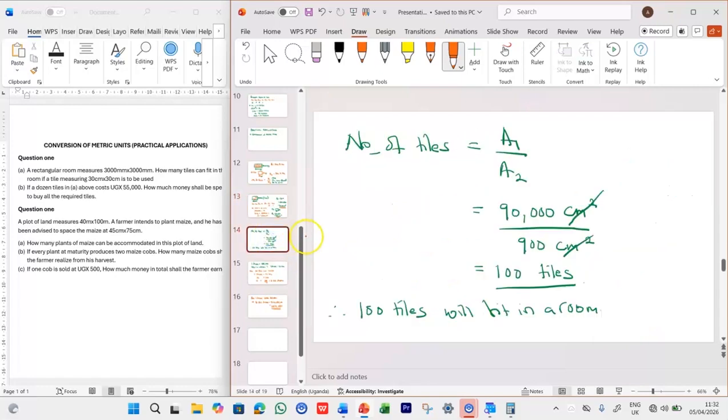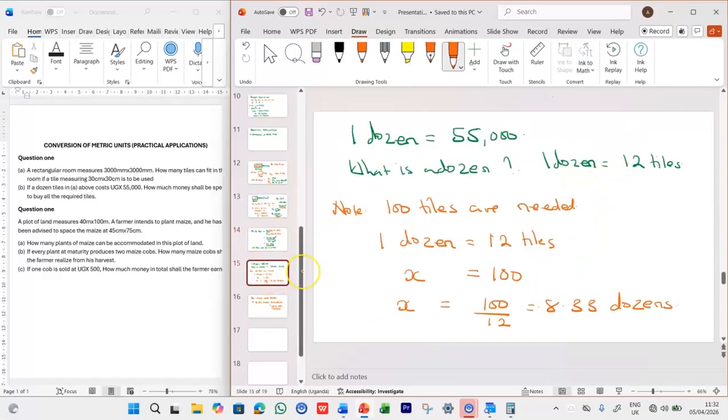Now, the number of tiles is equal to area 1, the area of the room, over the area of a tile. And that gives us 100 tiles. Now, how many dozens are these? A dozen is 12 tiles.